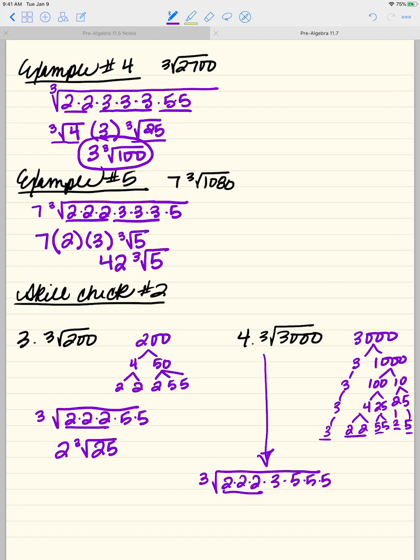Okay. Cube root of 2 cubed is 2. Cube root of 5 cubed is 5 times the cube root of this lonely 3 gives us 10 cube root of 3. So the cube root of 3,000 simplified is 10 times the cube root of 3. And that is the end of chapter 11.